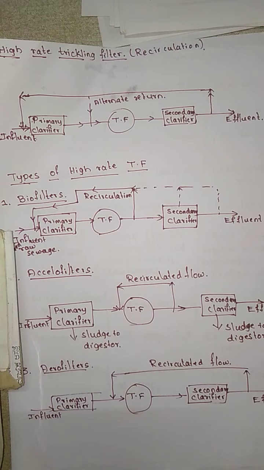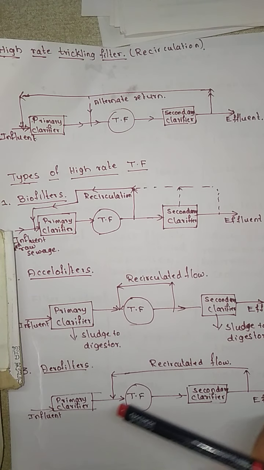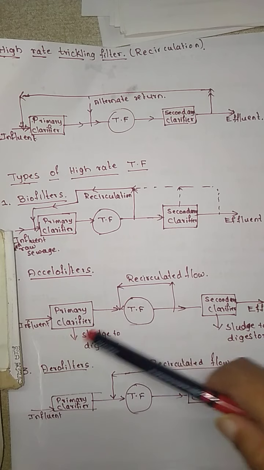Next is the exhalofilter. These have quite a greater depth than the biofilter. It will vary between 1.8 to 2.4 meter deep, and it is going to utilize direct recirculation of the untreated wastewater. Here the wastewater will be coming from the sedimentation tank, and then it goes to the primary clarifier.